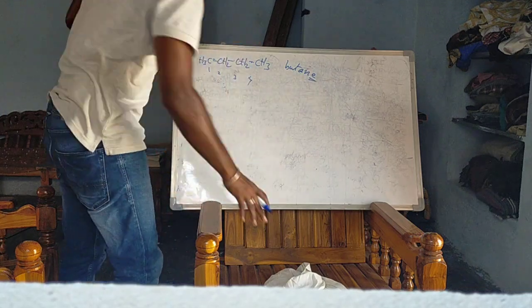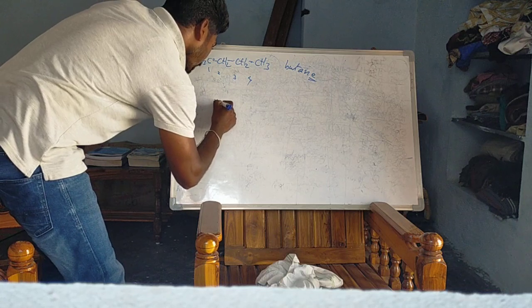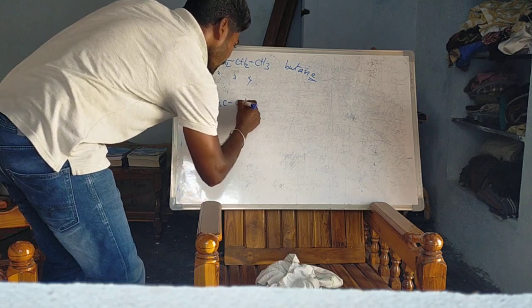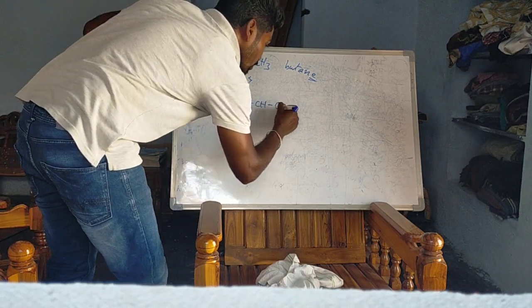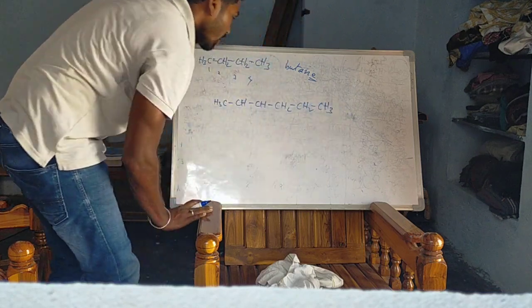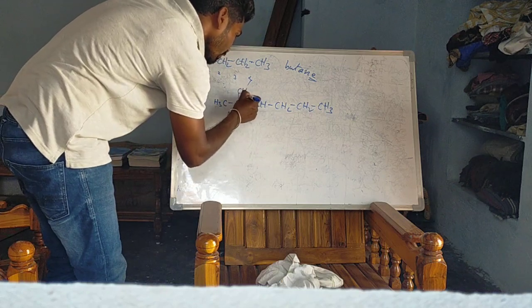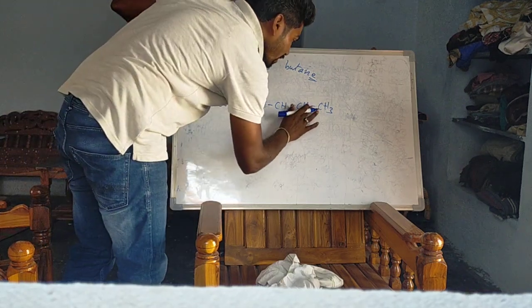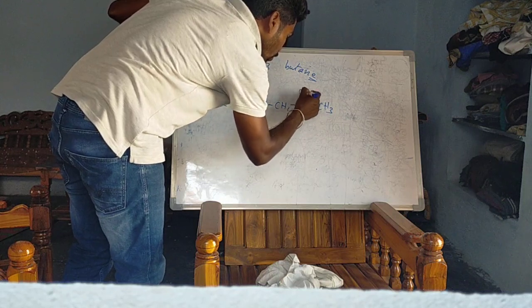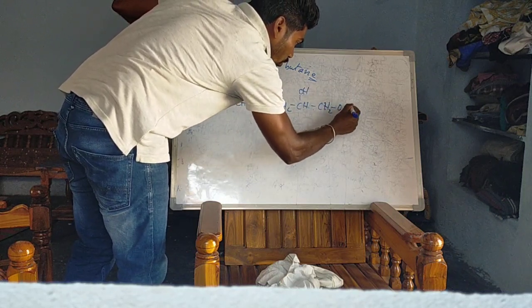Now you see here H3C, CH, CH, CH2, CH2, CH3. Here I will write methyl, here alcohol, and here one more alcohol.